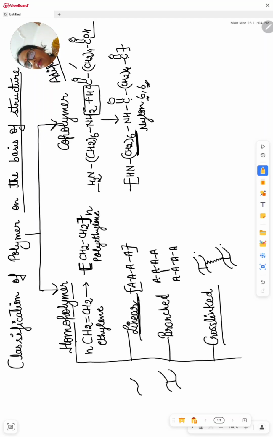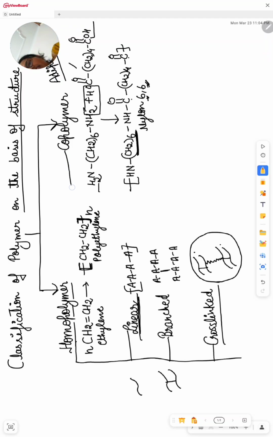It means it becomes hard. But if the material is cross-linked, it becomes very, very hard. I already discussed this in the class also. So linear means soft, branched means the polymer becomes hard, and cross-linked means the polymer becomes very much hard. So this is the classification of homopolymer.